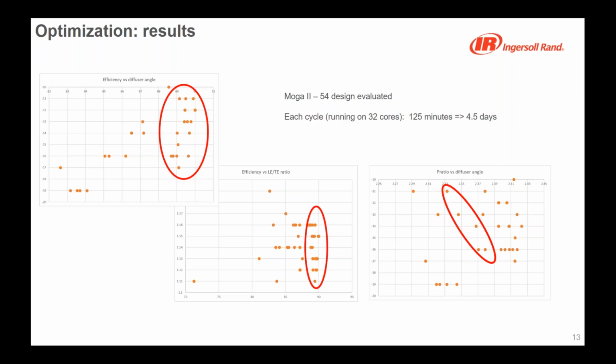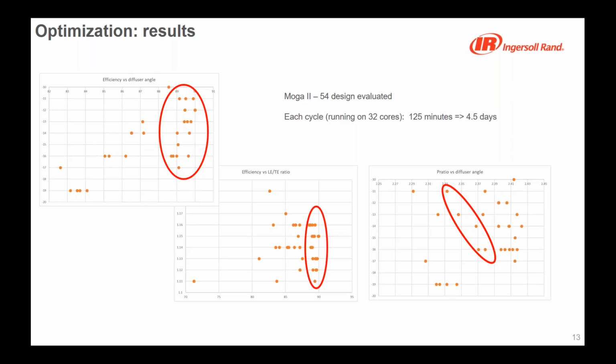So I was looking into the diffuser angle, the diffuser leading edge, trailing edge ratio. But the interesting point is that for each of them, I was also calculating the pressure ratio. And in the circle, you can see the area where I find that my results have the most importance for me, as I was designing a machine with roughly 2.3 pressure ratio.